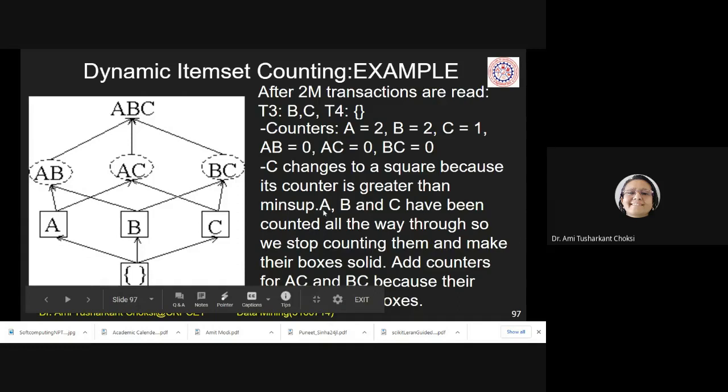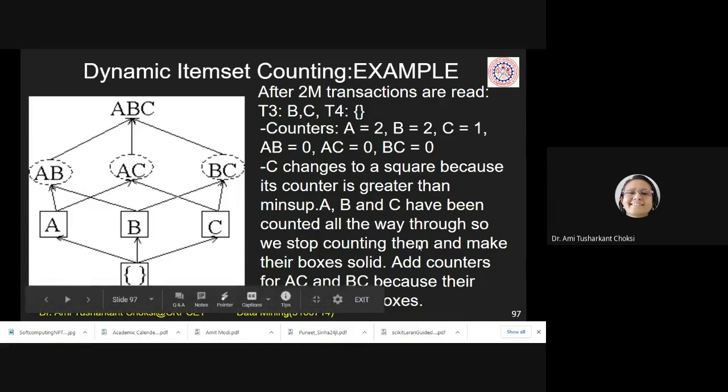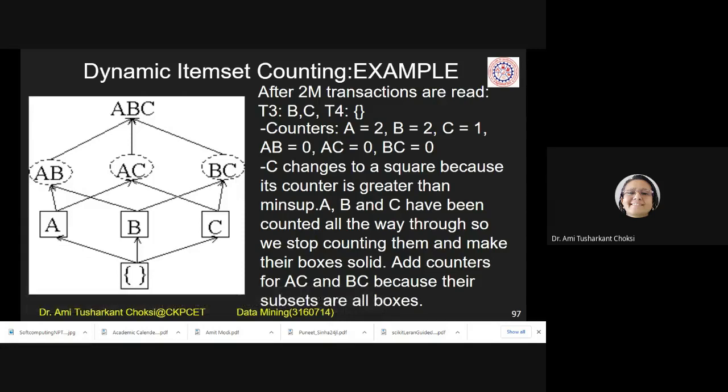What we say is A, B, C have been counted all the way through. So we stop counting them and make their boxes solid. What do we mean by counted all the way through? It means that we have scanned all the transactions once, right?